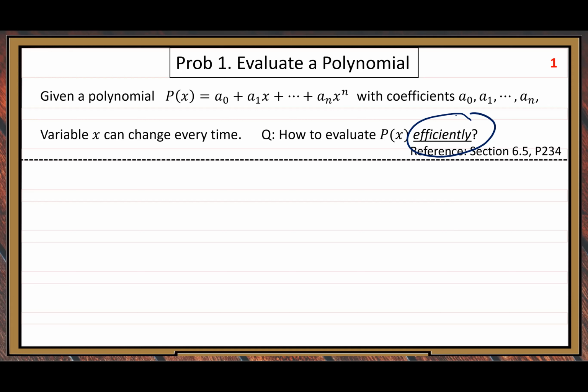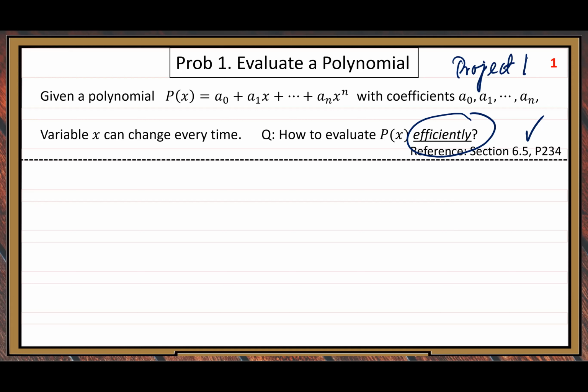Then you also see here, I give you the reference of this topic, section 6.5 in our textbook. So you can see in our first module, we jump to that section 6.5. Why is that? The reason is because I want to start our programming project number 1 quickly.